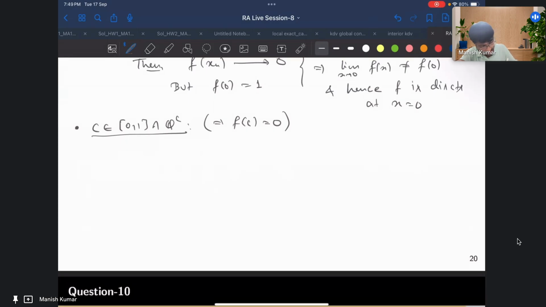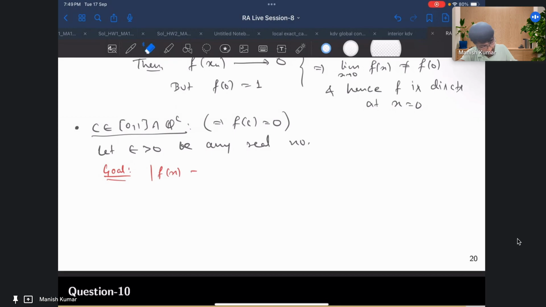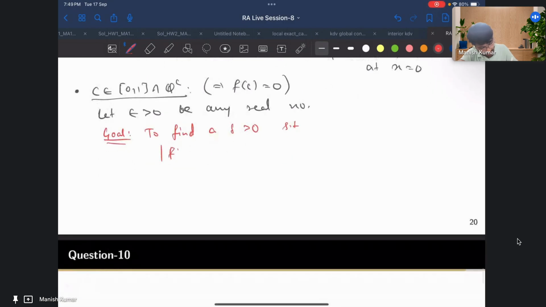So first let me write that I'll have to choose some epsilon, any real number. Now the goal would be, what is the goal? The goal would be that f of x, right? So first let me write delta: to find a delta greater than 0 such that |f(x) - f(c)|, where f(c) is 0, so I'll just write mod of f(x).